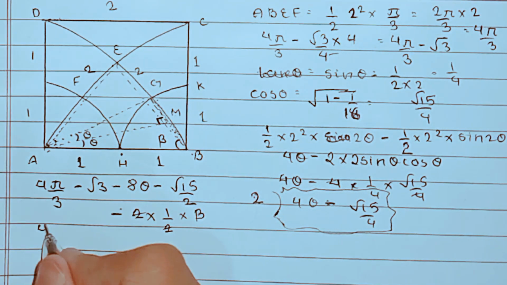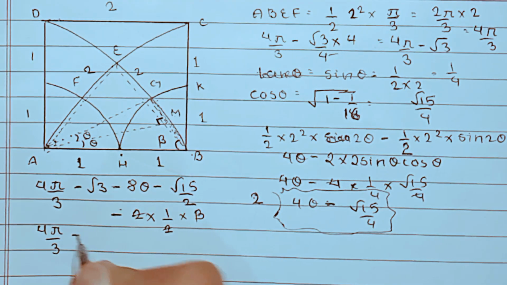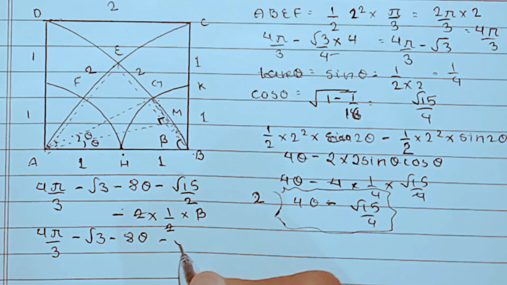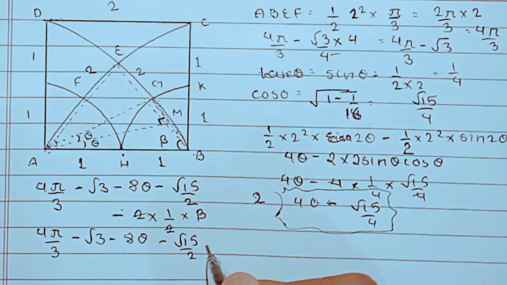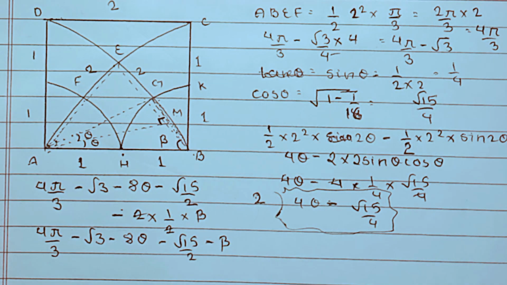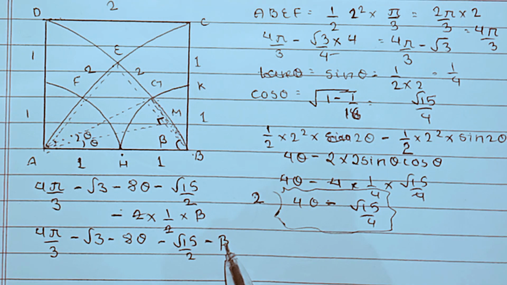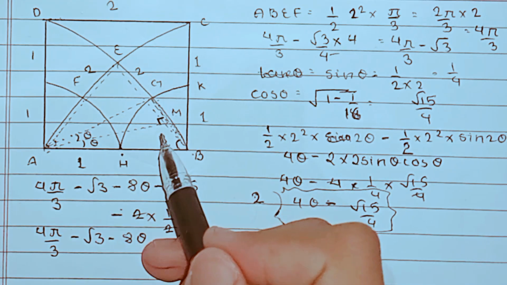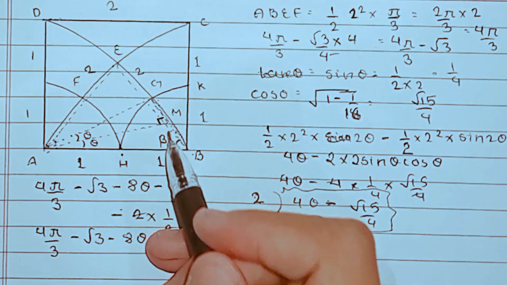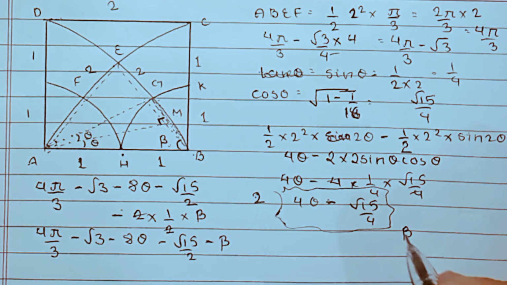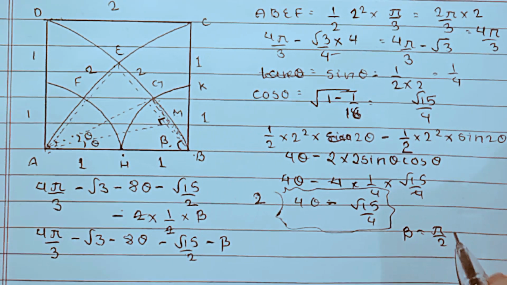So 4 pi by 3 minus root 3 minus 8 theta minus root 15 by 2 minus beta. Here we have to find the value of beta in terms of theta. This is beta, this is theta, so the addition of beta and theta will be 90 degrees. So beta can be written as pi by 2 minus theta.